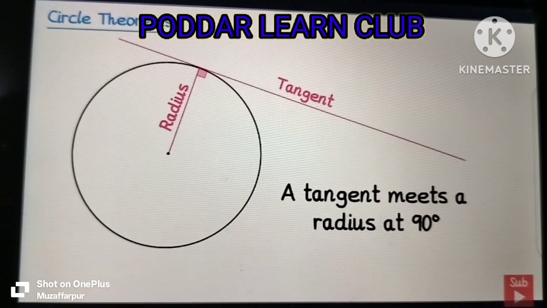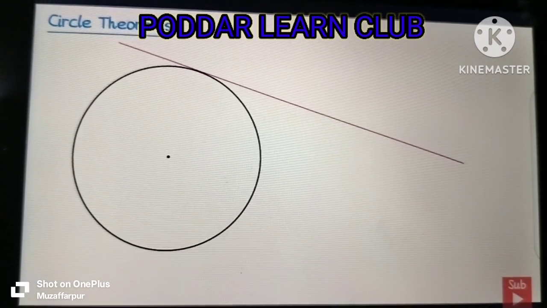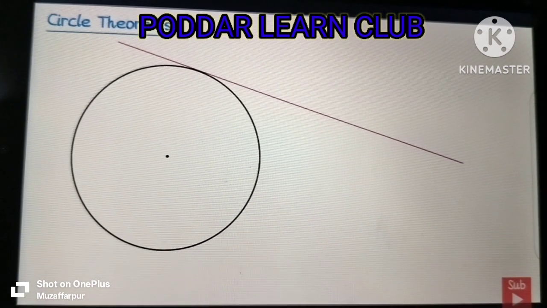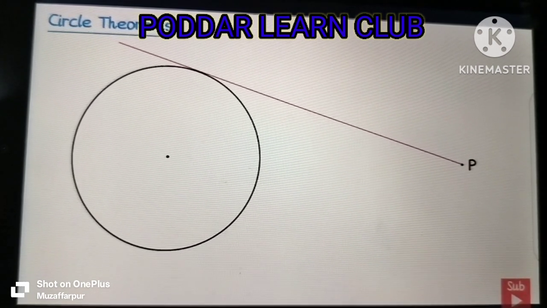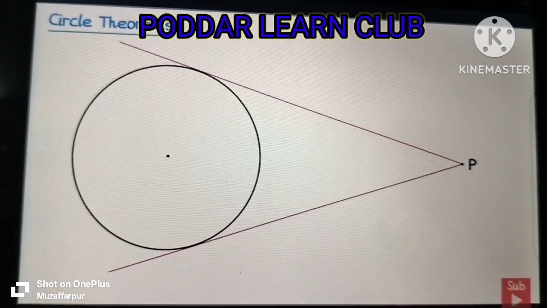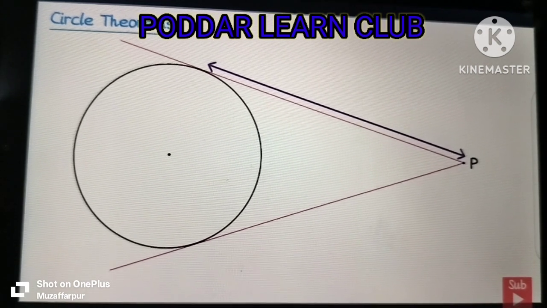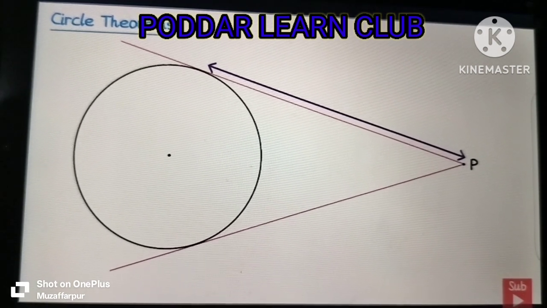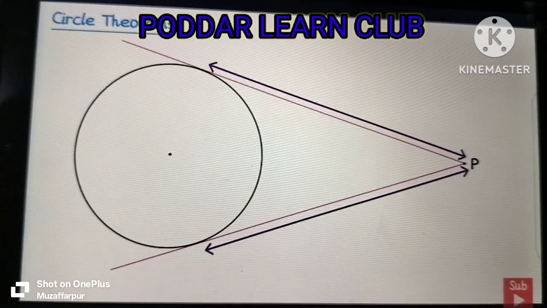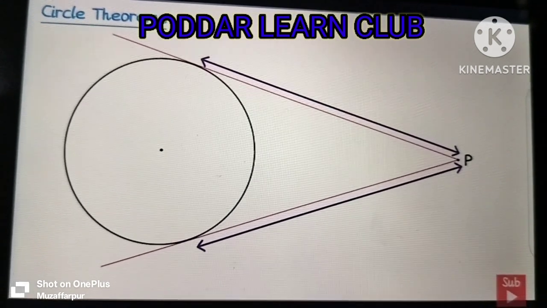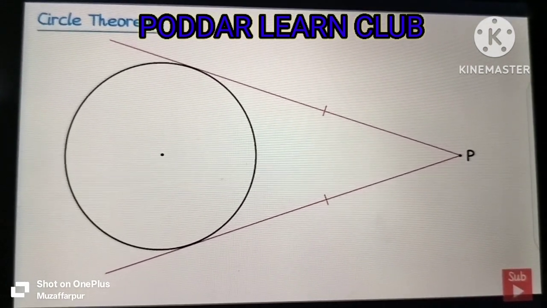So this is the tangent, and if you start from the point P, another tangent from the other side of the circle, then the lengths of the tangents must be equal. So this length must be equal to this length. The lengths of the tangents to the circle are always equal.